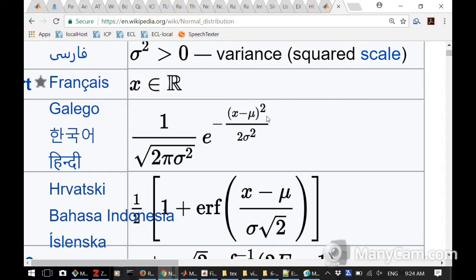It says the probability of getting a value of x equals 100, given that I know the mean is 0 and the standard deviation, the half width of this distribution, is 1, is given by this equation. And x is here 100, right? So I could write it as x equal to 100 to the power of 2. That's actually way smaller than what I said. So it's e to the power of negative 10,000, right? That's a huge number. I mean, a tremendously small number. That's what I meant.